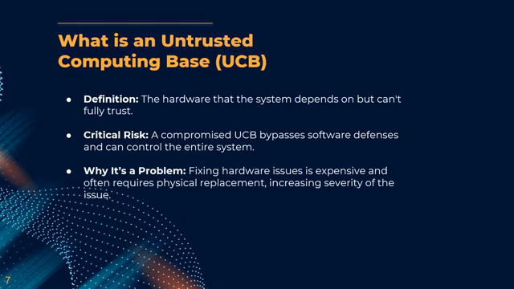It's expensive, complicated, and potentially life-threatening to the system's stability. Once embedded, these circuits bypass most software defenses and exploit vulnerabilities that we usually overlook. Imagine you have a highly secure house, but the foundation is made of loosely packed sand. No matter how many cameras or locks you install, the house will always be at risk of collapsing. The UCB is the foundation, and if it's compromised, the entire system falls with it.